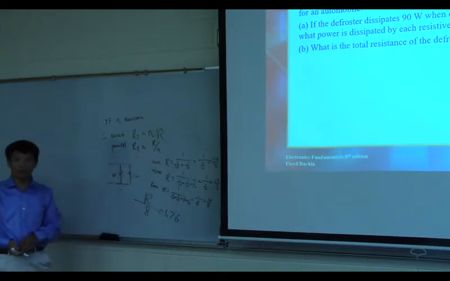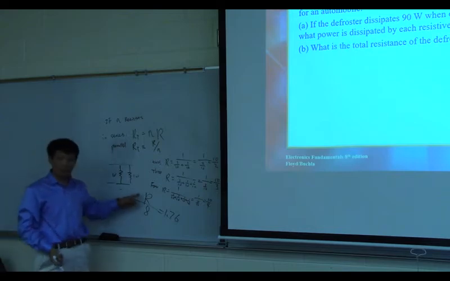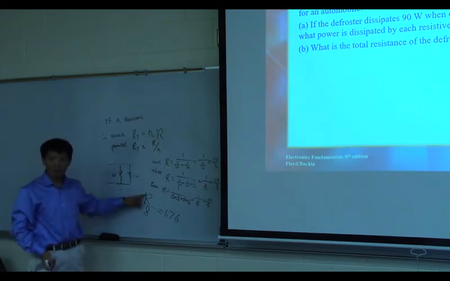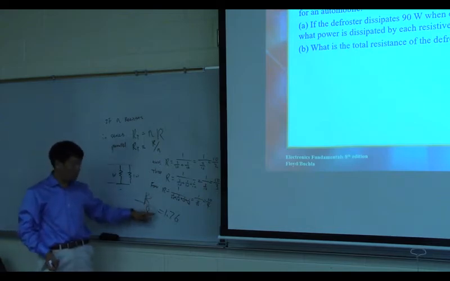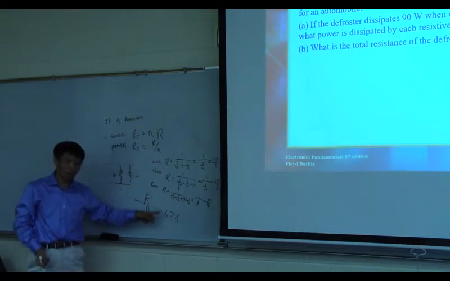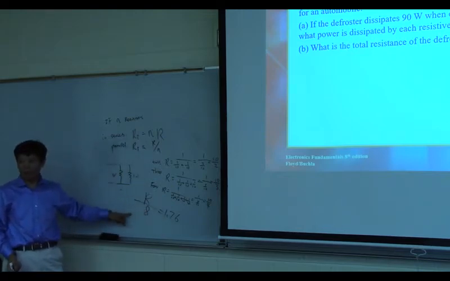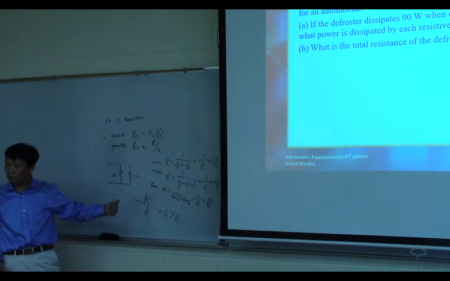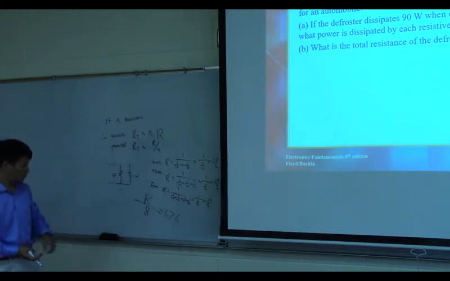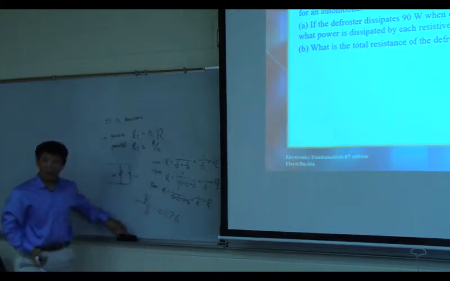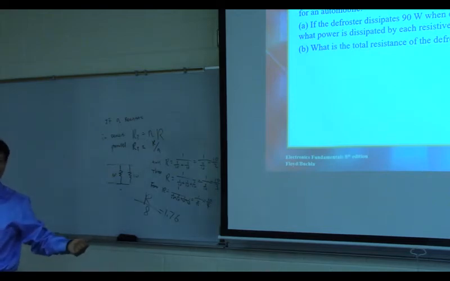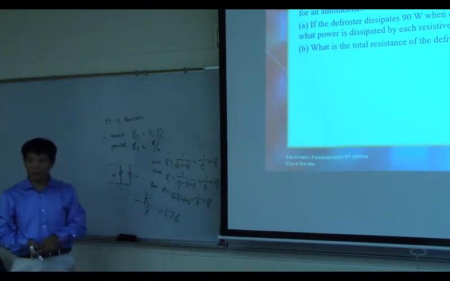That is good. We are looking for each one. So each one equals 1.76 multiplied by 8. Make sense? Do not use divided by. I want you to memorize this, because later we are going to use this fact a lot of the time.